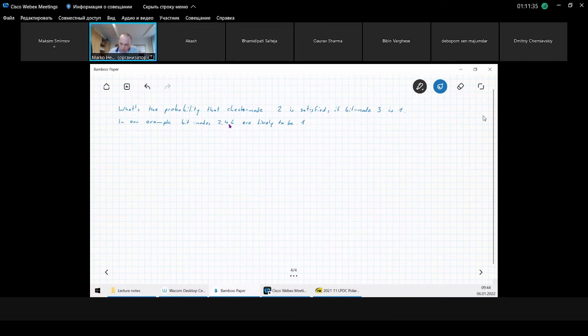So with a high probability, a 1 at bit node 3 will cause the check node to be fine to be 0.